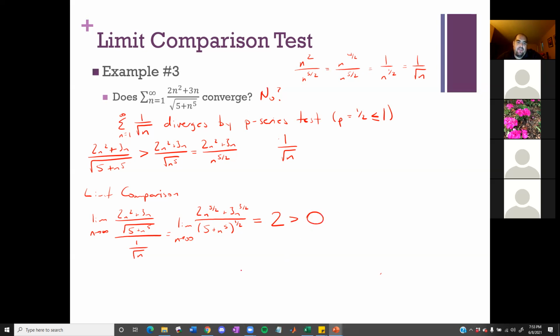So what does that mean for me? Well, I found a positive real limit, and I know that I brought in a series that diverges.